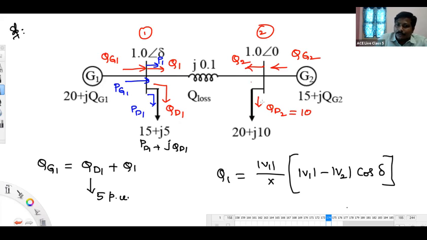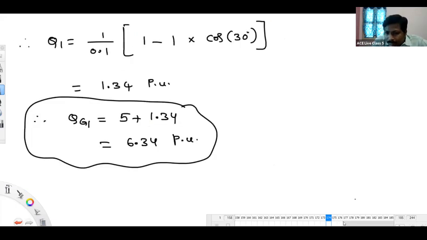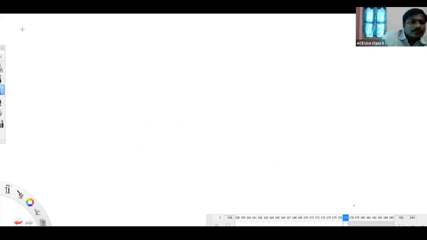Then we add this Q2 and QD2 to get the value of QG2. Directions you can take as you wish, no issue, but QG2 will be in this direction. So I can say QG2 equals Q2 plus QD2, where QD2 is 10 per unit.